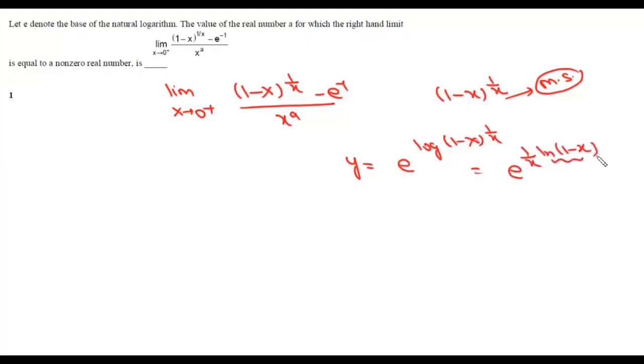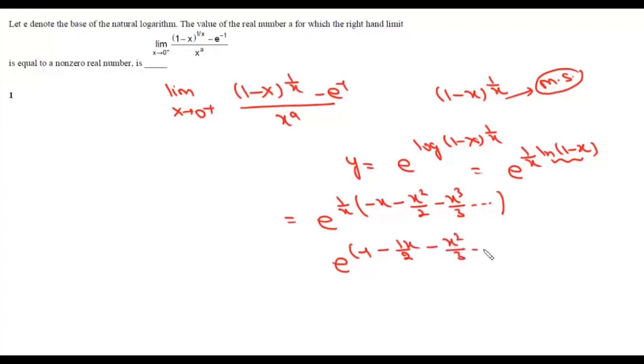Now we'll use the expansion of log 1 minus x. So it will be e to the power 1 by x times minus x minus x square upon 2 minus x cube upon 3, and so on and so forth. So it will be e to the power minus 1 minus x by 2 minus x square by 3.